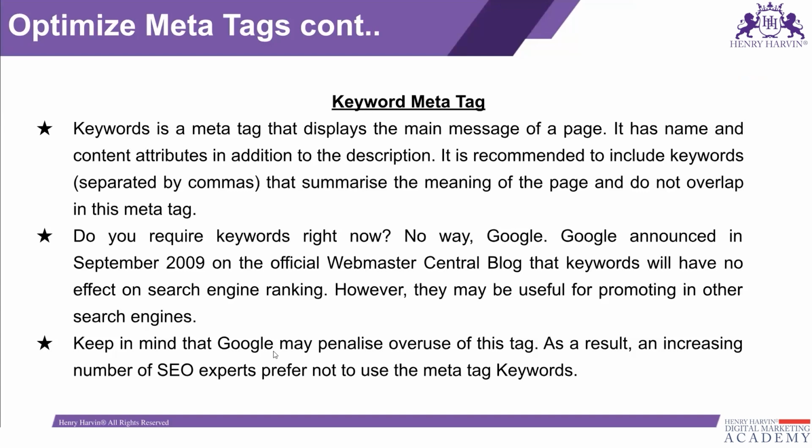Okay, so the reason is, if you have a section for a keyword, you will just enter different keywords there. Okay, but sometimes you may use it multiple times, so that will affect your SEO ranking. That's why so many people avoid using meta keywords.